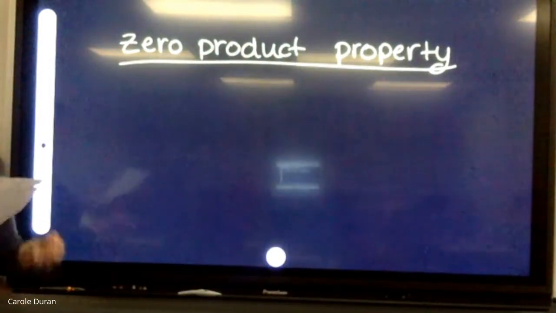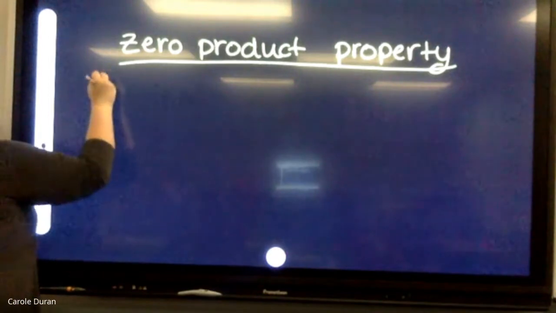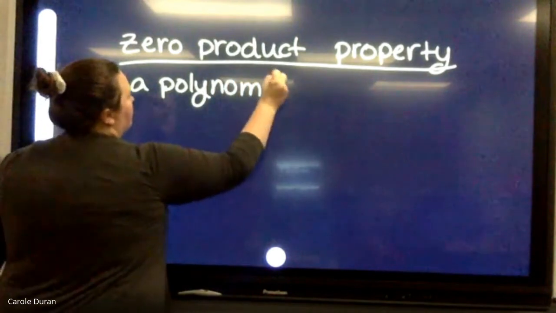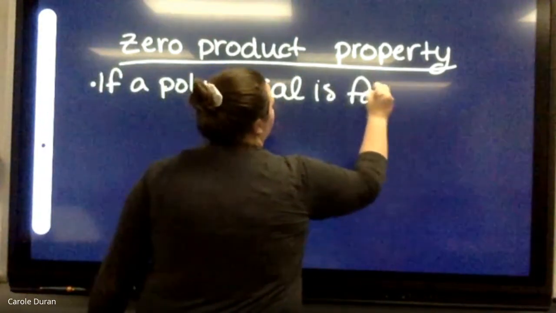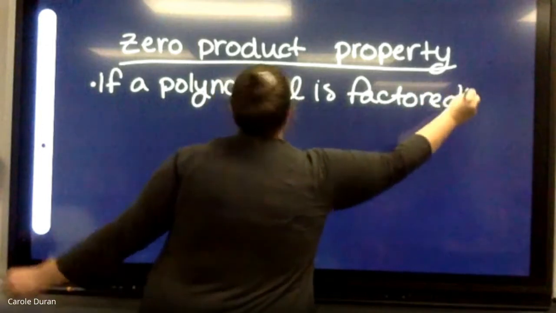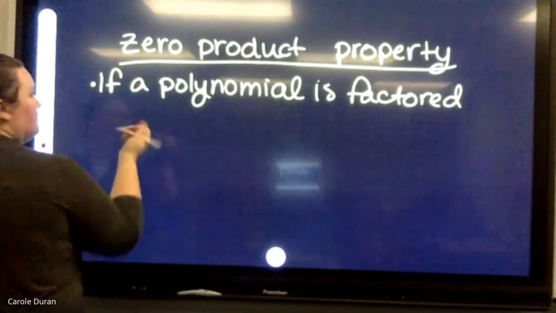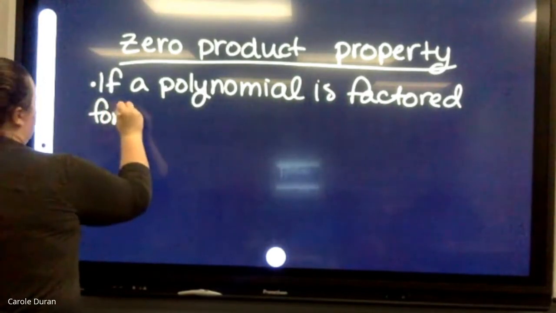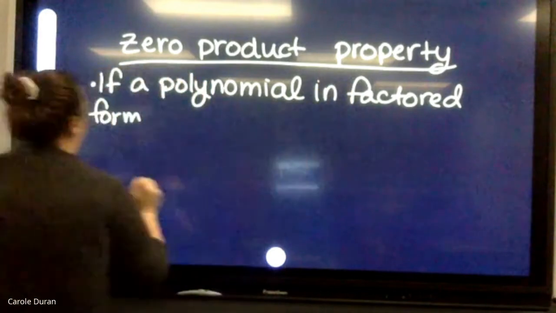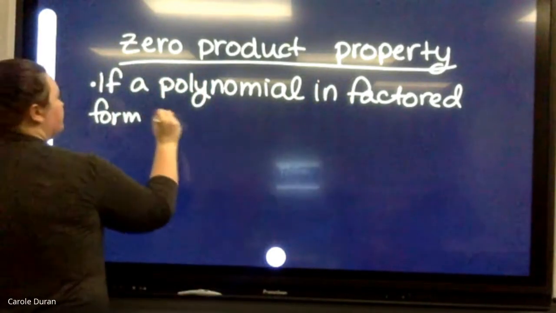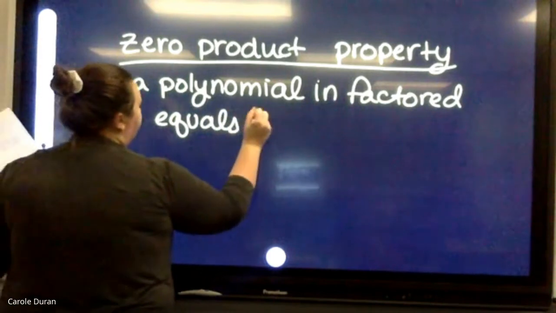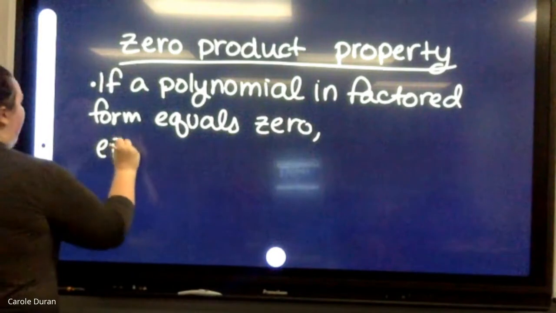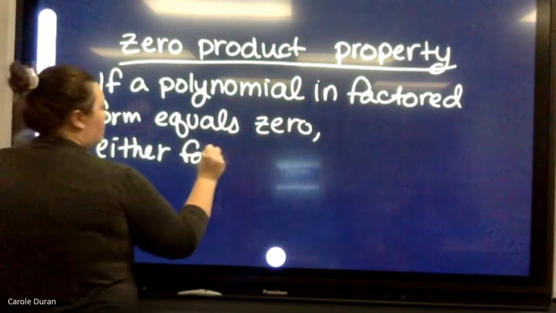So the zero product property tells me that if a polynomial is in factored form, and that factored polynomial is set equal to 0, then either factor could equal 0.